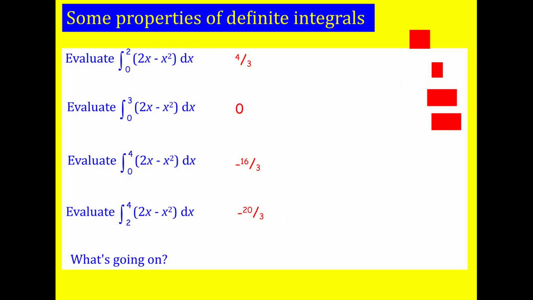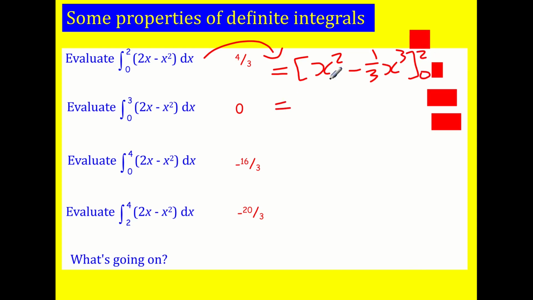We take the integral and we put square brackets, and then we integrate each of the functions. So 2x becomes x squared, and x squared becomes a third x cubed. We close the square bracket, and then we put our limits in and substitute these in.